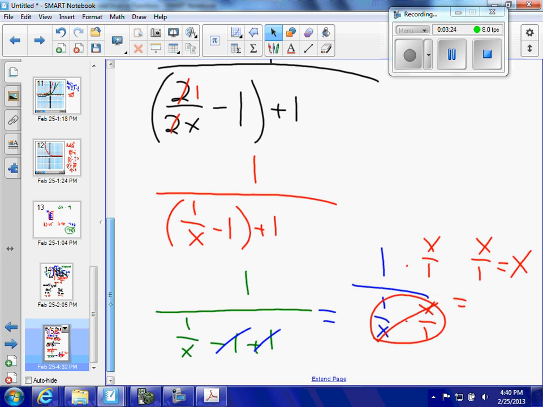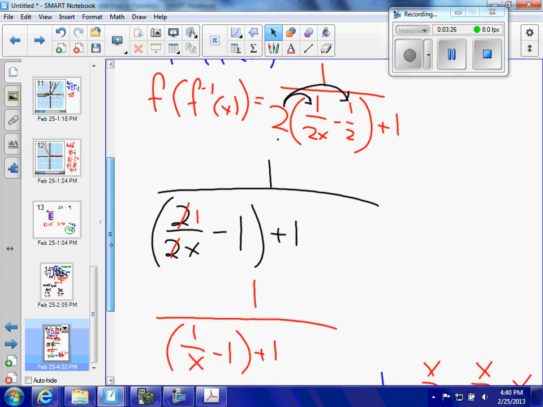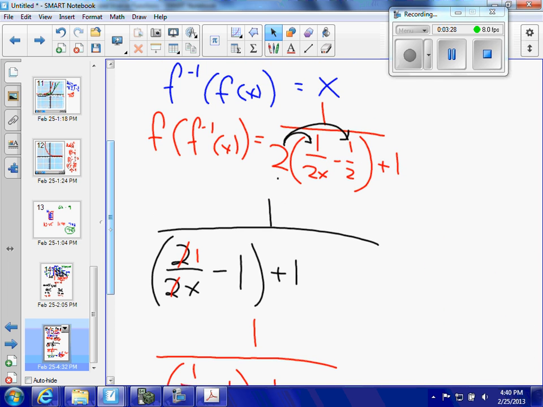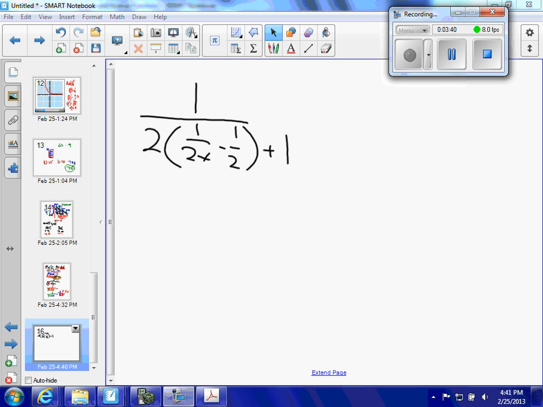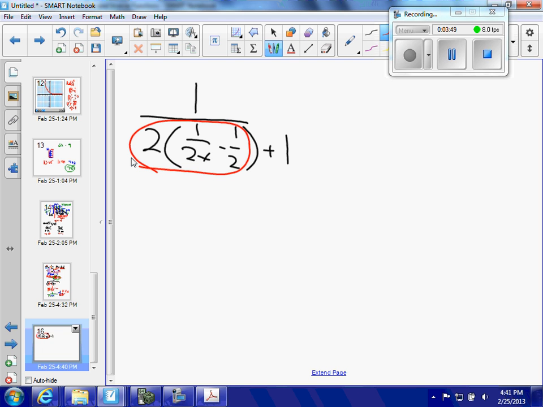Let me just go back to one spot here where a number of people were having trouble. And that is this piece right here. I've written that now separately on a separate board here. And I just want to focus on this piece right there, that piece of the denominator. So I'm going to write it 2 times 1 over 2x minus 1/2.